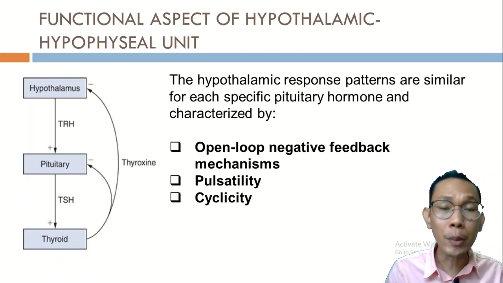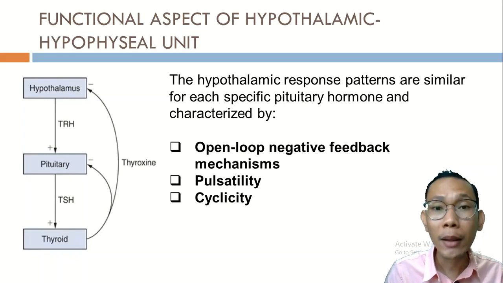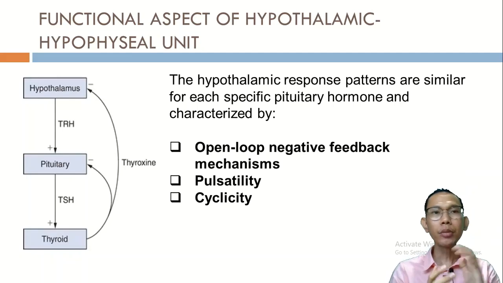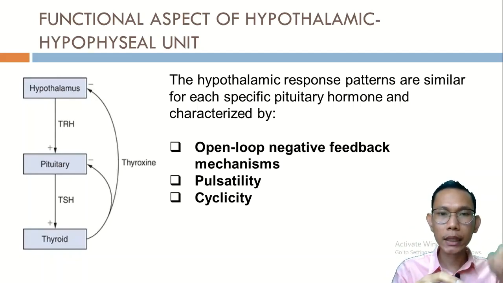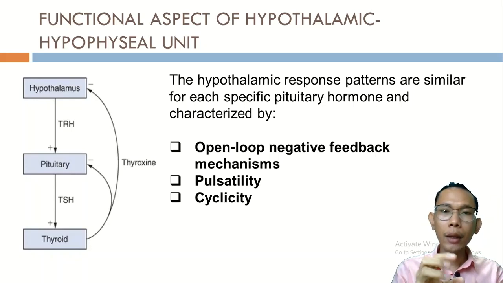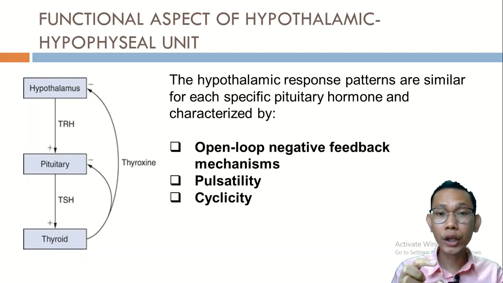So Doc, paano siya nafa-follow ng positive feedback mechanism? Ganito yan, guys. So now your oxytocin, oxytocin being secreted by your hypothalamus, then stored in your pituitary. When you are in labor, then your oxytocin will be released. Pupunta siya sa kanyang target, which is your uterus.